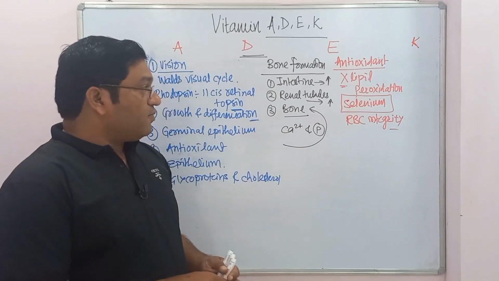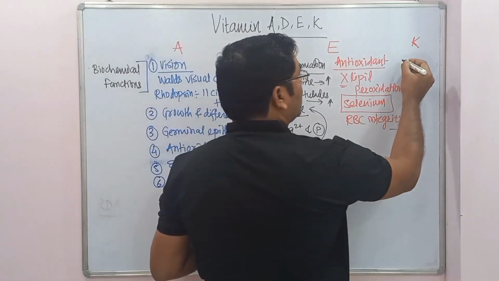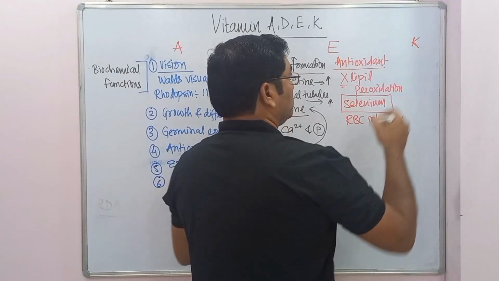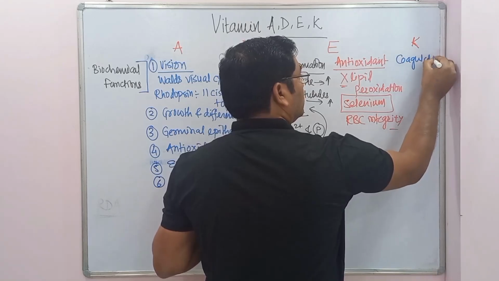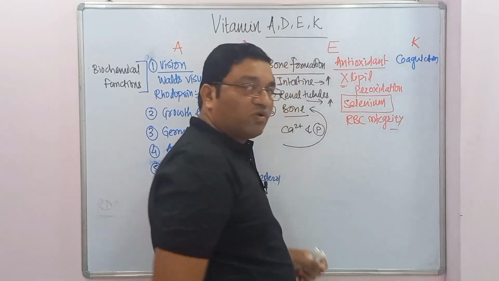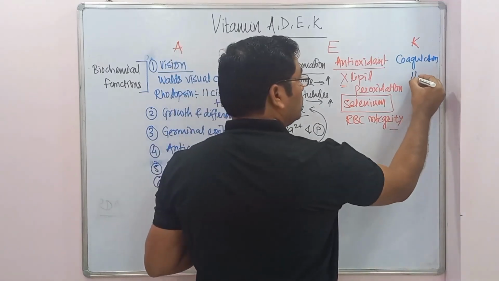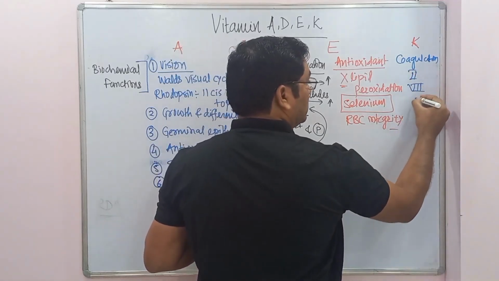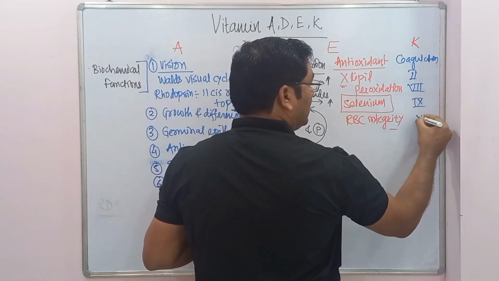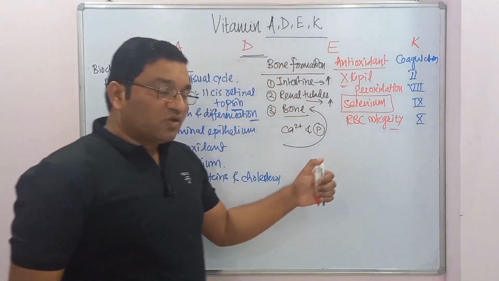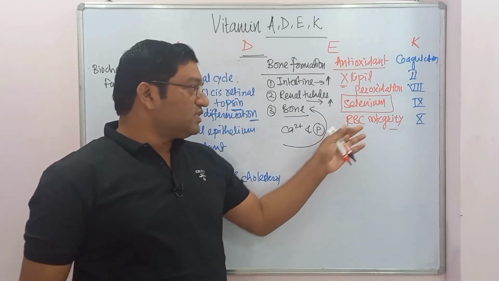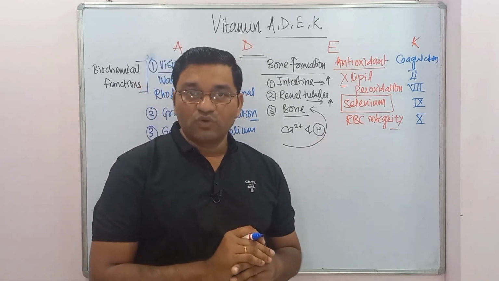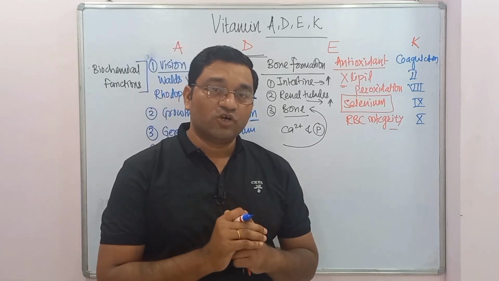Now vitamin K, it is important in coagulation. It is important in activation of clotting factors, that is 2, 7, 9 and 10. It converts the glutamate in these clotting factors into gamma carboxy glutamate, which is a post translational modification.